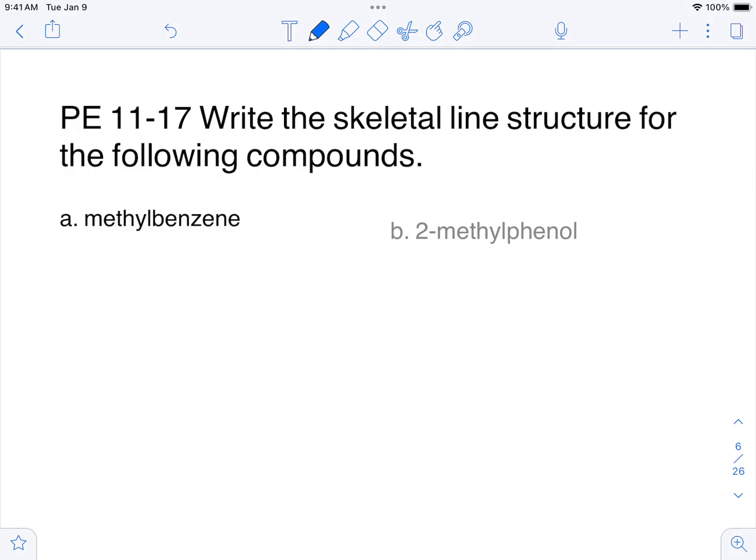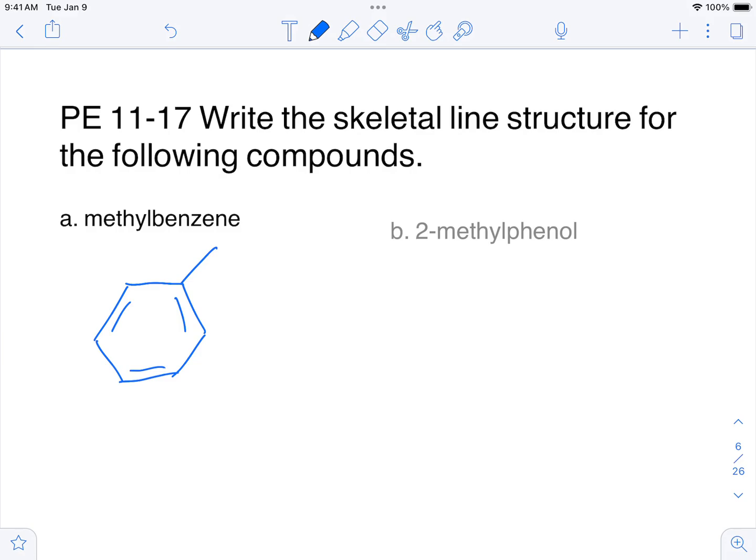Write the skeletal line structure for the following compounds. So A is methylbenzene. So I know benzene has alternating single and double bonds, and then it just wants a methyl group, doesn't matter where, so I'm just going to draw it like that.